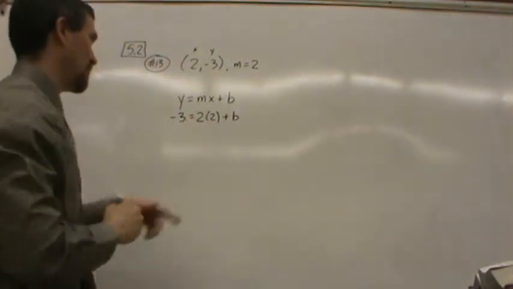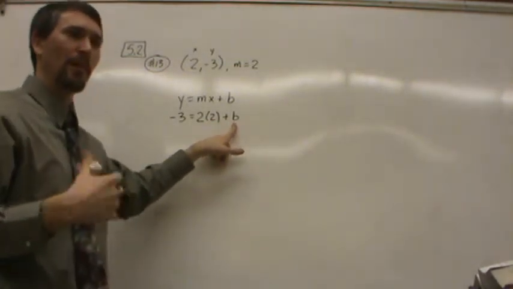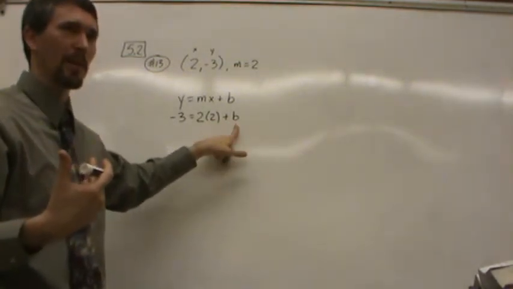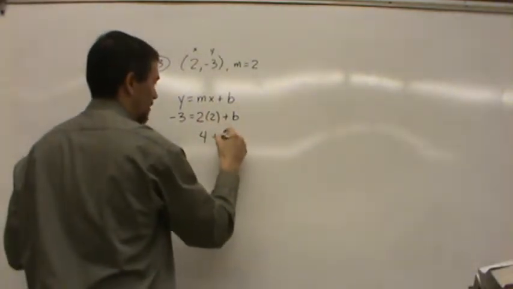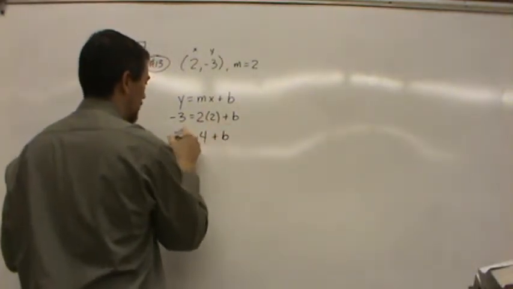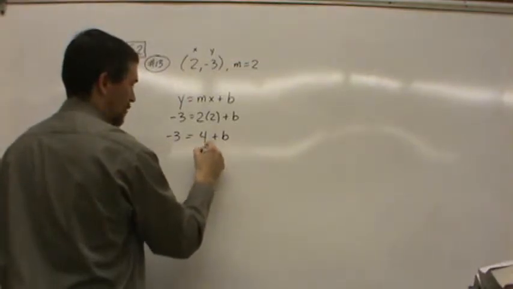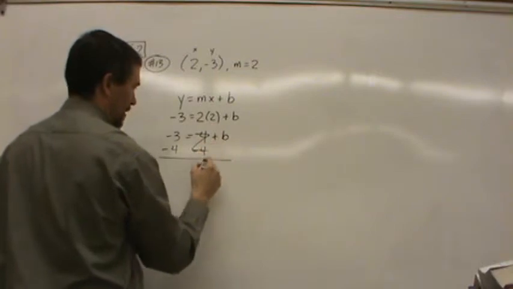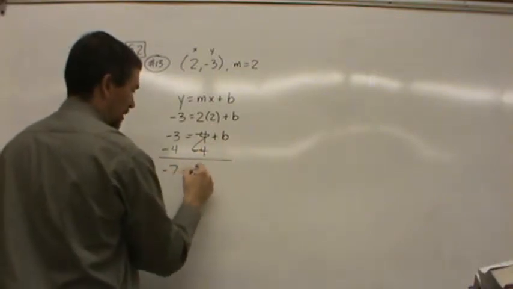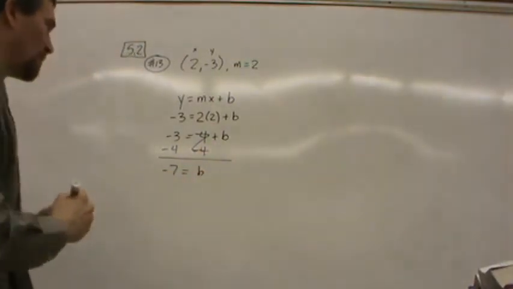And now if you notice, the only variable we have left is the b. So if we just work this out, do the math, we can isolate the b and find out what it actually equals. So now we get to use some of the algebra skills that we've learned leading up to this moment to actually find out what b is.